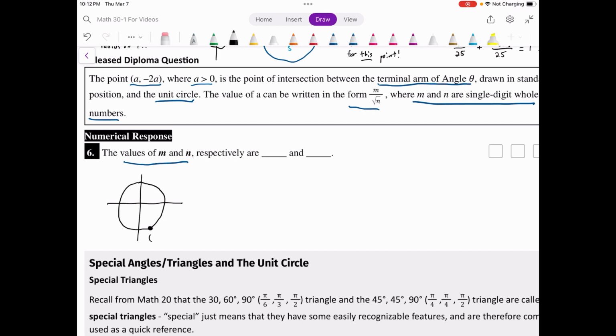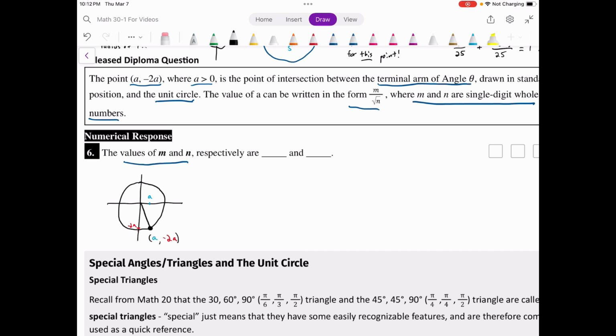This is the point A, meaning that here we are. This is the x value of that point A on the x-axis, and negative 2a on the y-axis. Again, just meaning that this is at a y-coordinate of negative 2a. But what do we know?